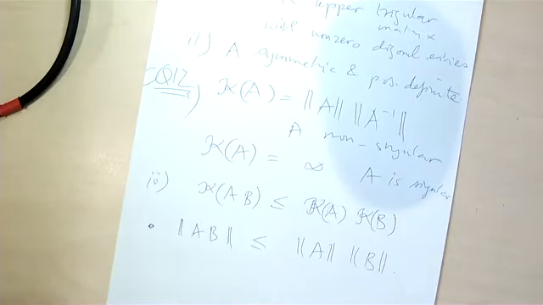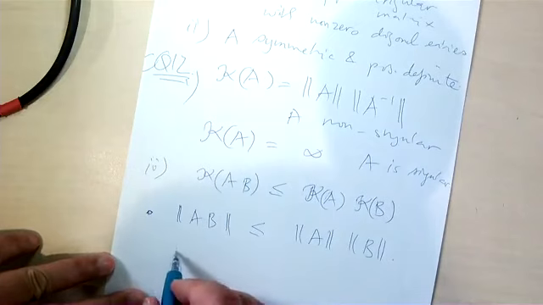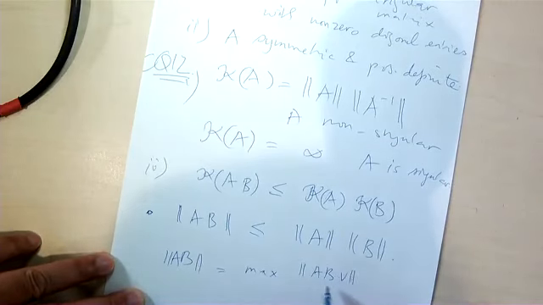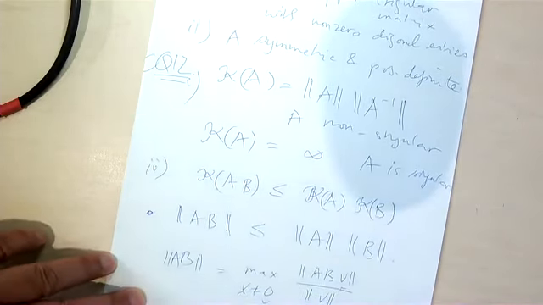So how do we prove it? So remember just the definition. The norm of AB is just the max of the norm of ABV over the norm of V, where V is non-zero, right?